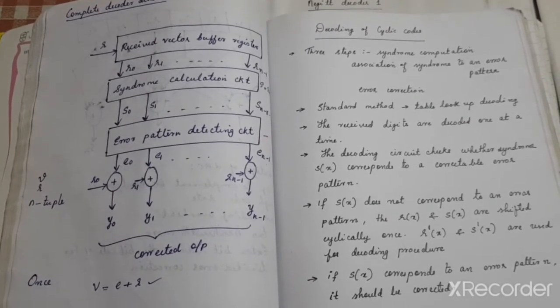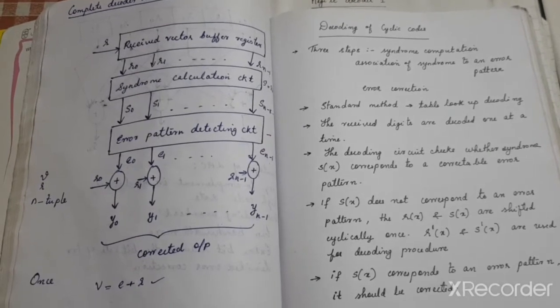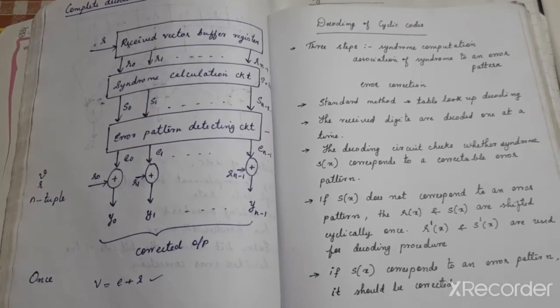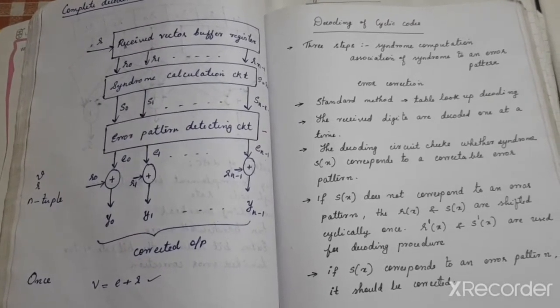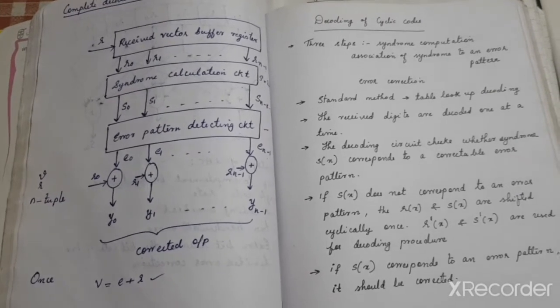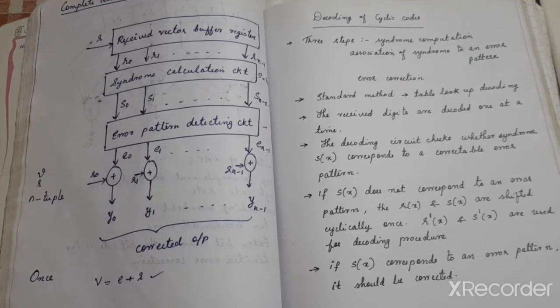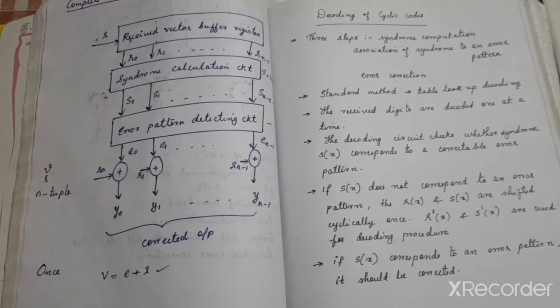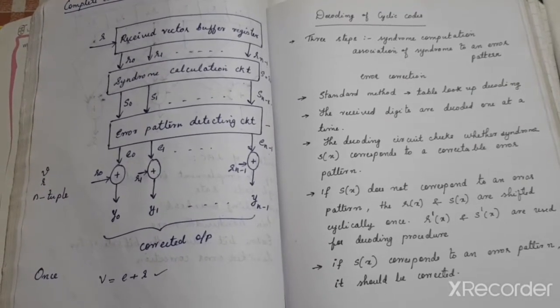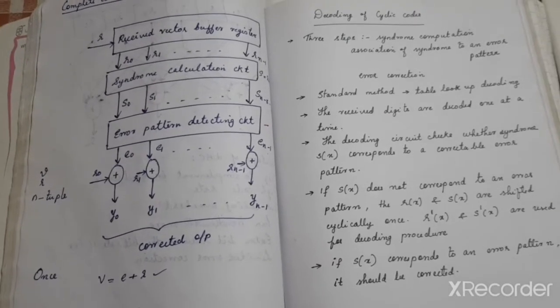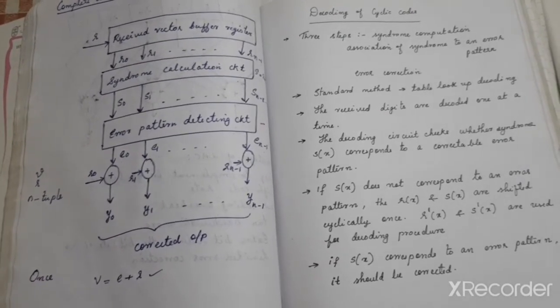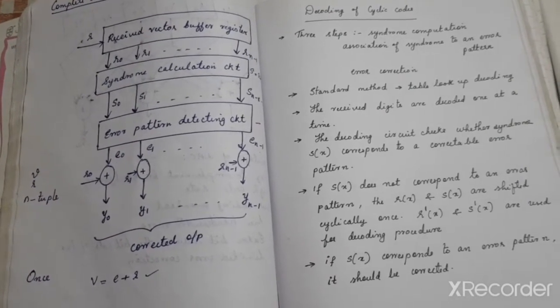And once you get the error pattern, modulo 2 adders are used to add this error pattern to the received vector to obtain your corrected code word. So basically we have three steps: calculate the syndrome, compute the error pattern, and then add this error pattern to the received vector in order to obtain your corrected code vector.